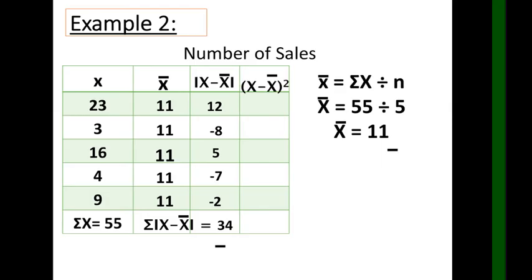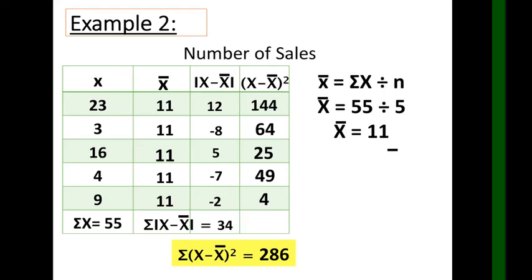Next, for the quantity of x minus mean squared, we will square this particular column. So we have 12 times 12 is 144, 8 times 8 is 64, 5 times 5 is 25, 7 times 7 is 49, 2 times 2 is 4, and the total is 286. So now we have this formula.